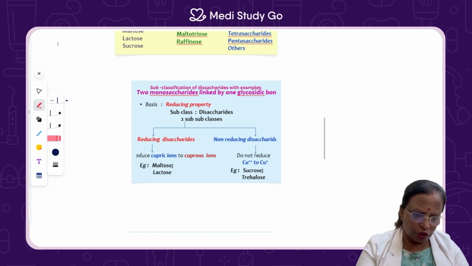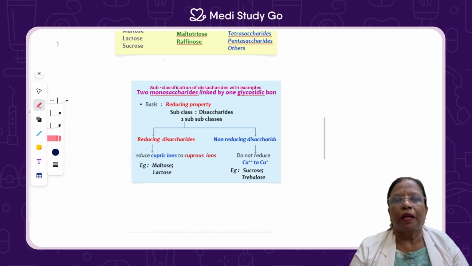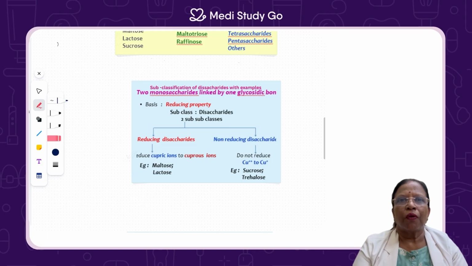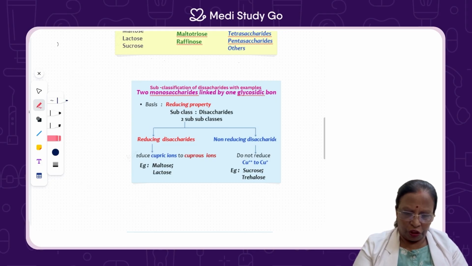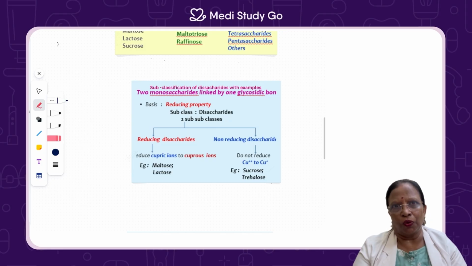They can reduce cupric ions to cuprous ions. Examples: D-maltose, D-lactose. Non-reducing disaccharides are those which cannot reduce cupric ions to cuprous ions. Sucrose and trehalose are the examples for non-reducing disaccharides.